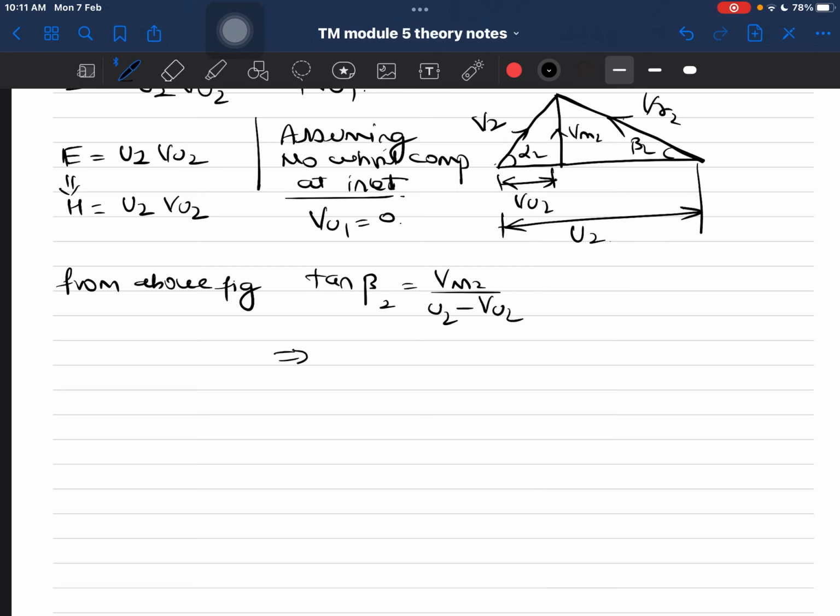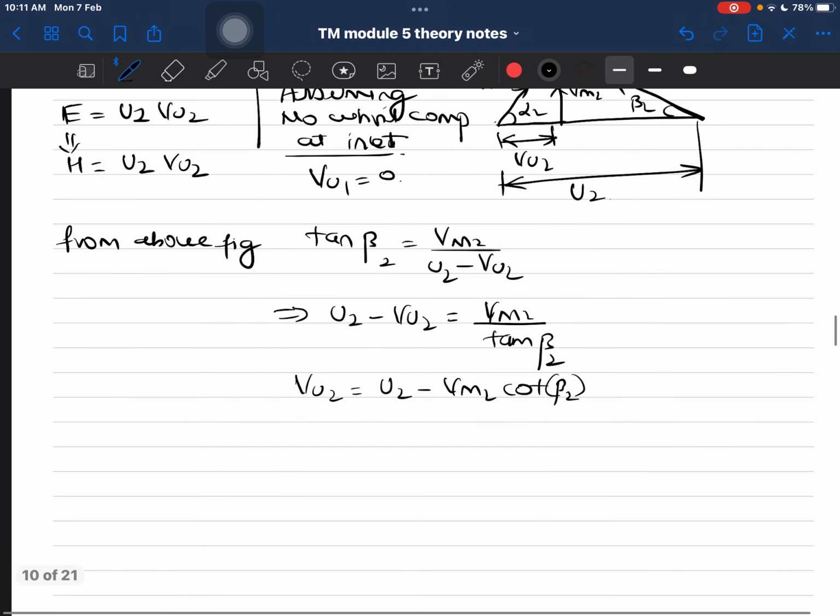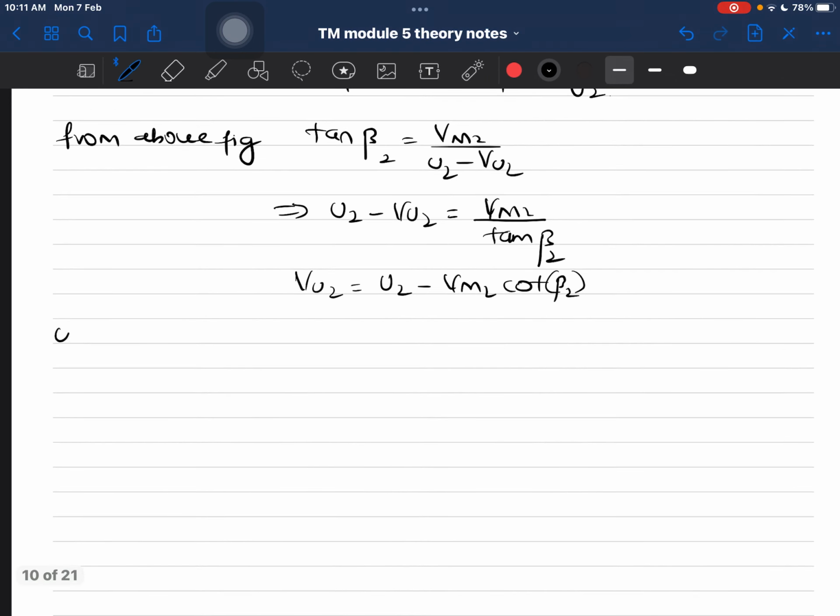From this, what can I write as U2 minus Vu2 would be equal to Vm2 divided by tan beta 2. Okay, or else Vu2 is equal to U2 minus Vm2 into cot beta 2, because 1 by tan is cot.